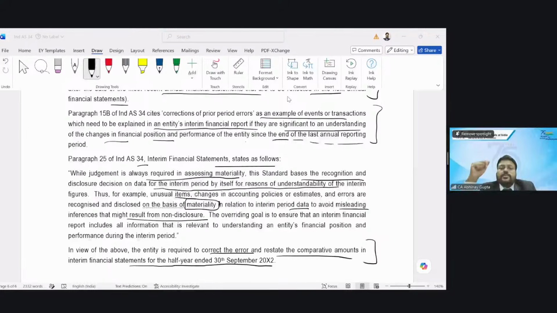For any other expenditure, for example the repair and maintenance expenditure which we just discussed, how do we recognize it? As and when it is incurred. If the management is planning to incur some expenditure in the future, we will not say that because the plan has been made in this quarter, let's record it or make a provision. We never make a provision for repair and maintenance expenditure.